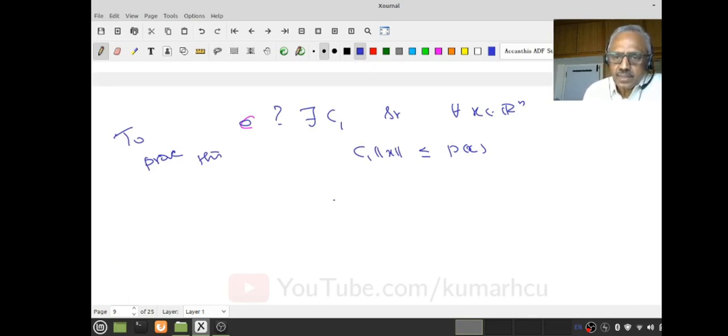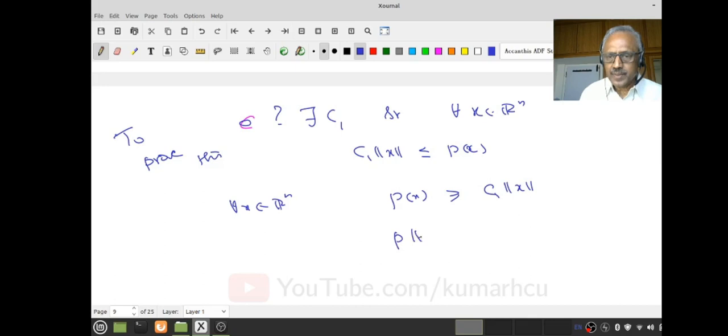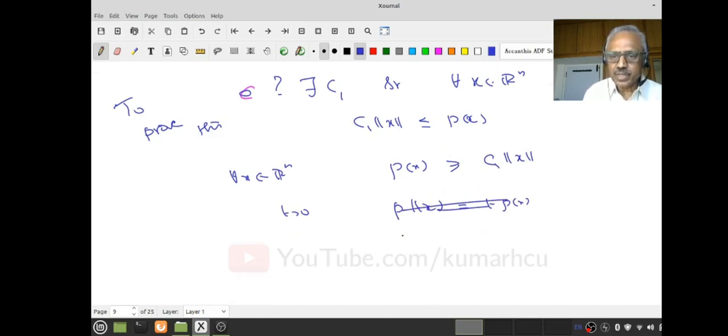Means for all x in Rn, I should have P of x greater than or equal to C1 times norm of x, and this is the Euclidean norm. So this is the next trick. Remember, because of homogeneity, P of Tx, if T is positive, is the same as T times P of x. So it's enough if we prove this for unit vectors.